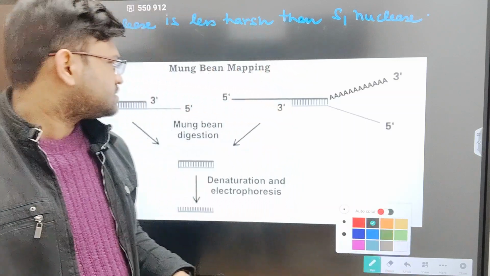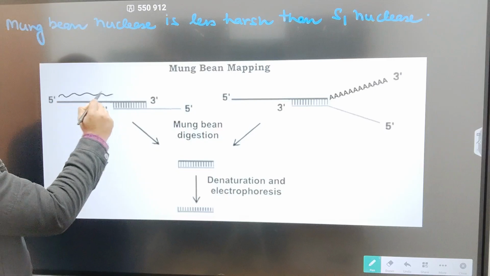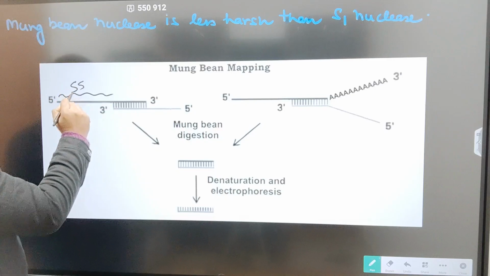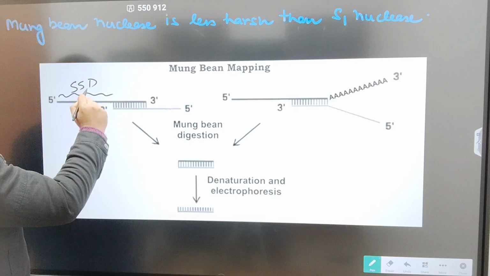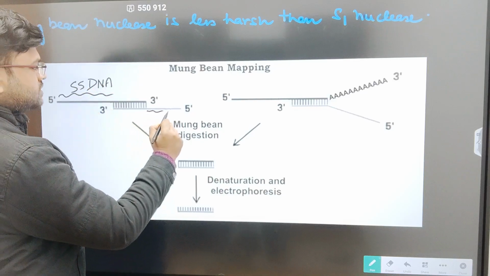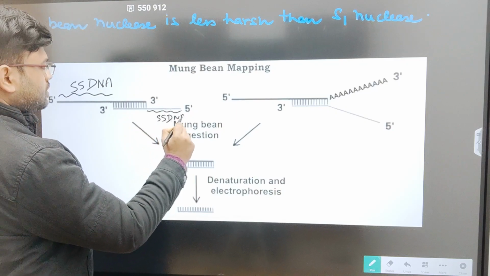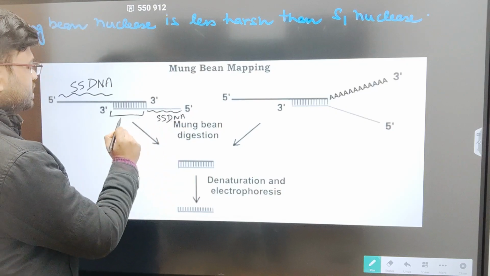Now see this portion over here. You can see that this portion is single stranded DNA. Over here also you can see that this is a single stranded DNA. Of course, this portion is double stranded.